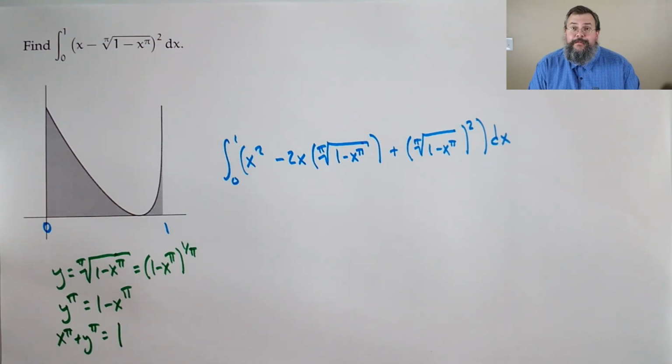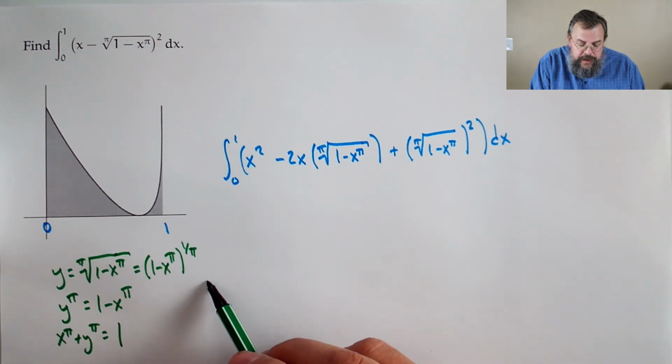Now, does this feel familiar? It kind of feels like a circle. Now, a circle would be x squared plus y squared equals 1. Well, it turns out you can use any power. It will only be a circle if x squared plus y squared equals 1, so you have to have the power of 2 to be a circle. But even if it's not a power of 2, it's circle-esque. In other words, it vaguely looks like a circle.